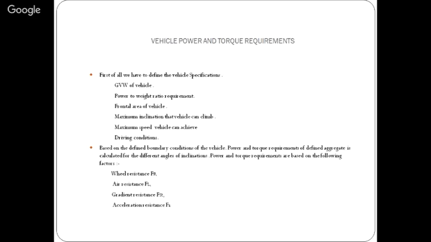Theory is an 85% simulation of the 100% practical situation. So we are estimating the entire situation to 85%, and after performance we will judge on what platform we are standing to achieve 100% results. So this is the basic estimation to give the power and torque requirement to the vehicle.